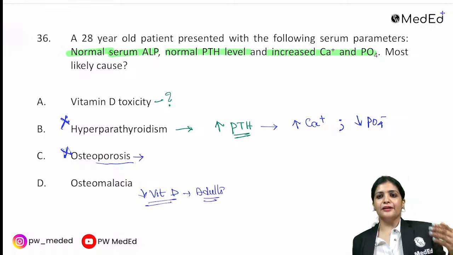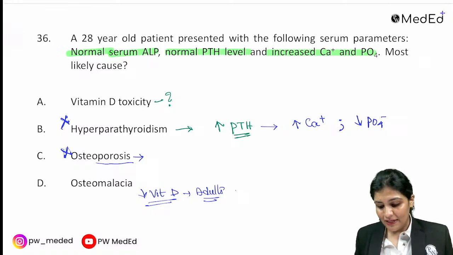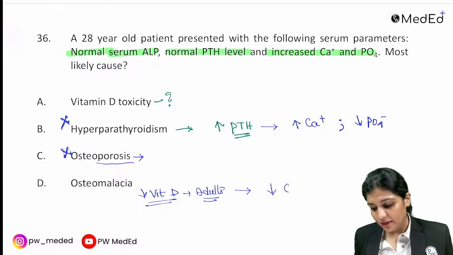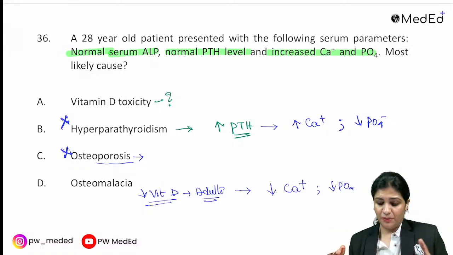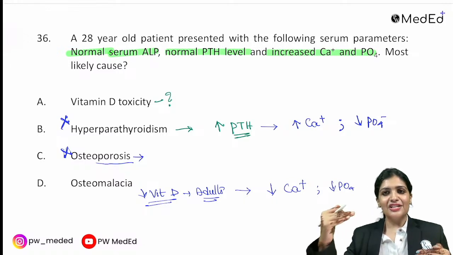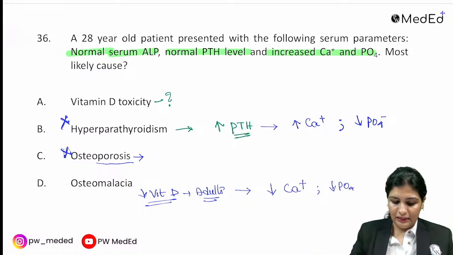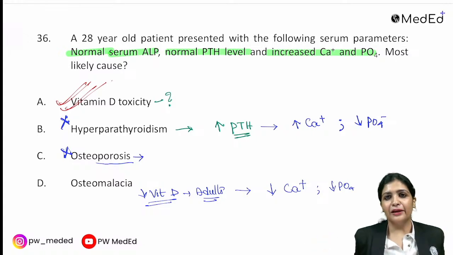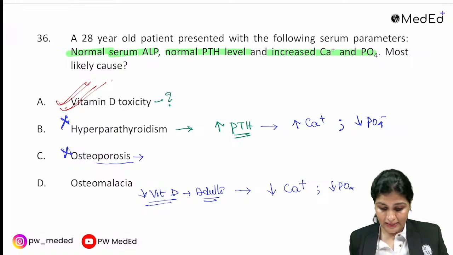Whenever there is a decrease in vitamin D, there will be a decrease in calcium and also a decrease in phosphate, because vitamin D plays an important role in absorption of calcium and phosphate. But here the question was increased calcium and increased phosphate. So undoubtedly the answer here is vitamin D toxicity, but unfortunately there was no mention of vitamin D, which would have made our answer even easier.